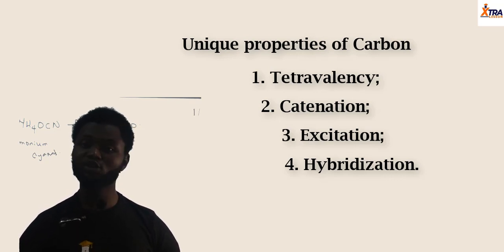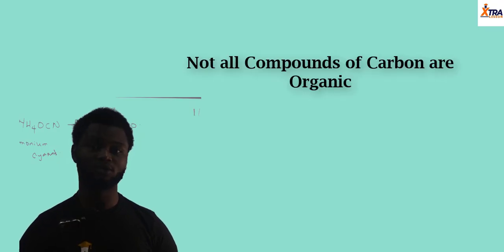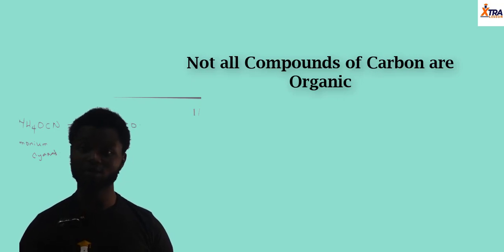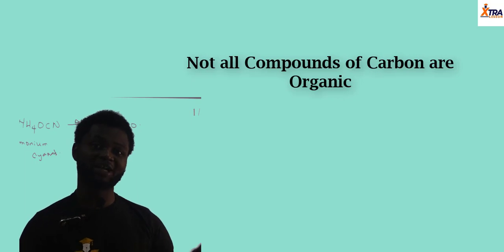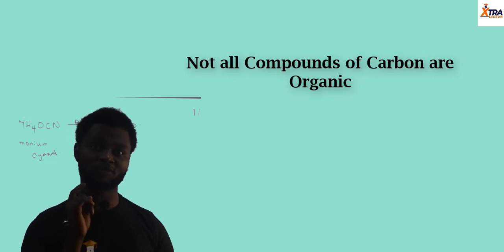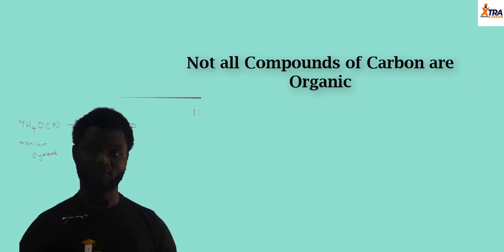Now, it is important to note that not all compounds of carbon are organic. We said that organic compounds are compounds of carbon, but it doesn't mean that when you find a compound of carbon, you expect it to be organic. We would be wrong making such an assumption.